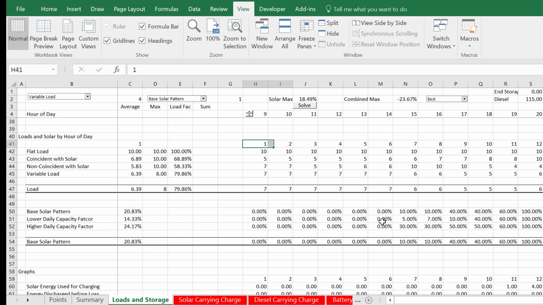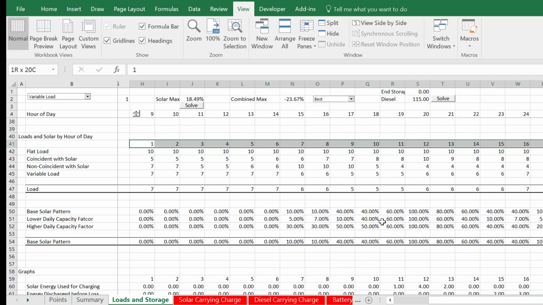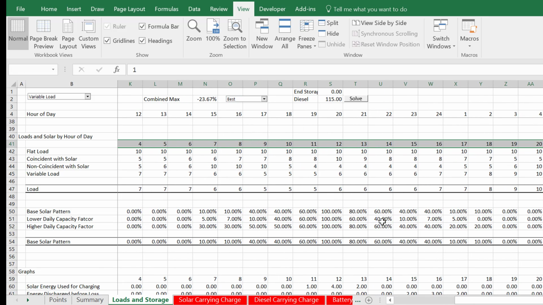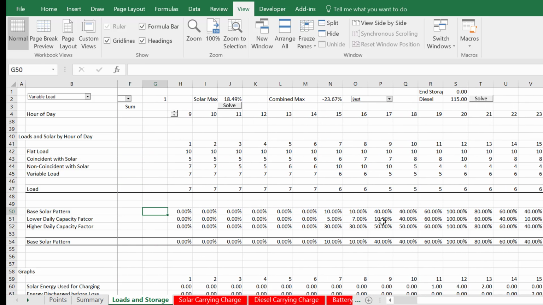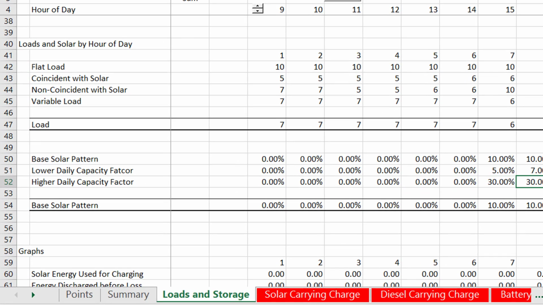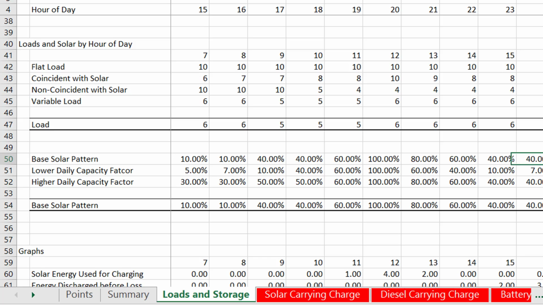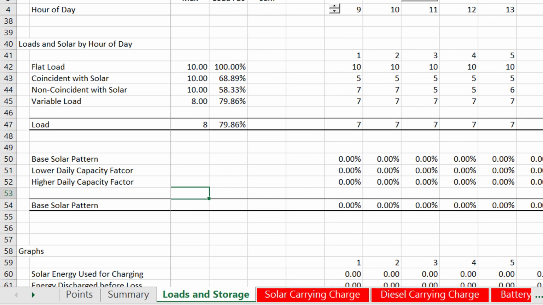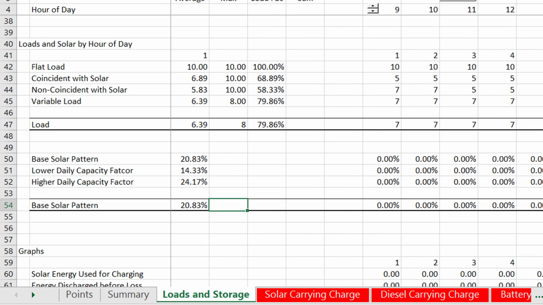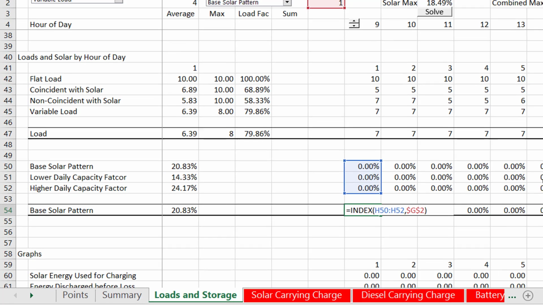Okay, here is the hour of the day. And then this is the different pattern we have. And I say there's no electricity during the night from solar. I don't think that's surprising. And then we have three different scenarios across the day, and then we just use the index function as always to pick one of those three.